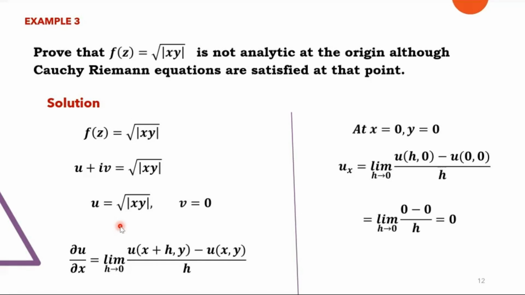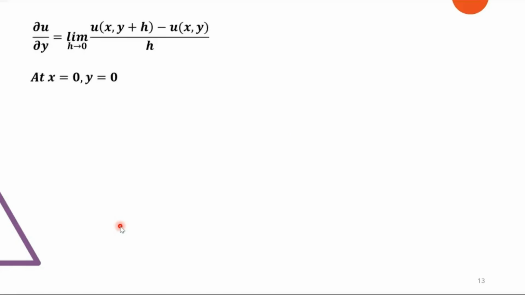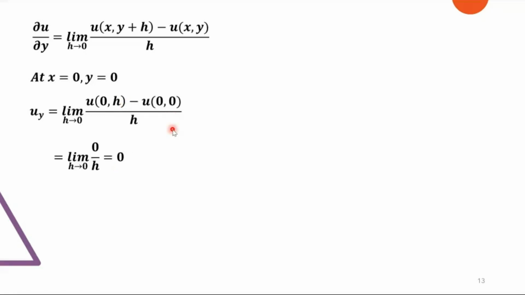What is the value of uy? u is root of mod xy. अगर मैंने x को 0 पुट किया, y को h पुट किया, अगेन 0 ही आएगा. u of 0 comma 0 is also equal to 0. So we get uy equal to 0.